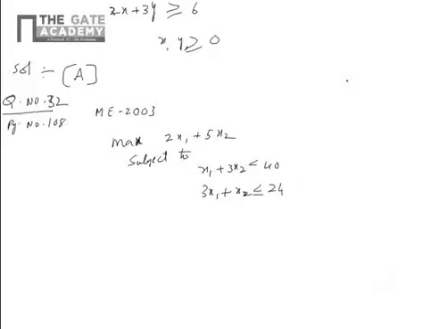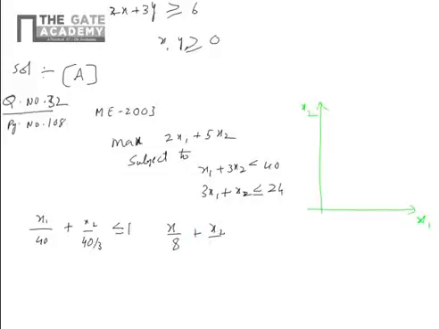So draw the graph, x1 and x2. Before plotting that, convert these equations into intercept form. x1 by 40 plus x2 by 40 by 3 is less than or equal to 1. Similarly, x1 by 8 plus x2 by 24 less than or equal to 1.